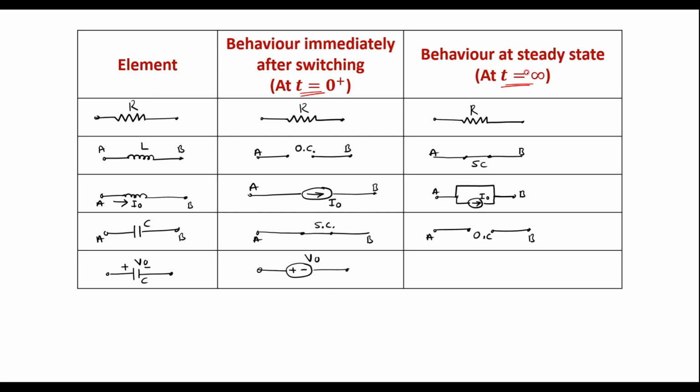Similarly, at t equal to infinity, it again acts like an open circuit. It can be shown as, here we have a voltage source and this will be an open circuit. This is terminal A and this is terminal B. So this is the behavior of RLC at t equal to 0 plus and at t equal to infinity.